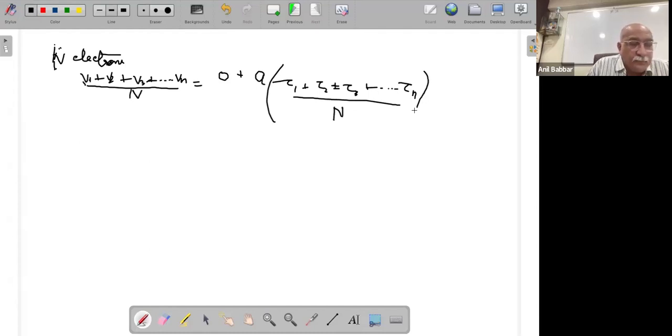Now, this average velocity is considered to be Vd.